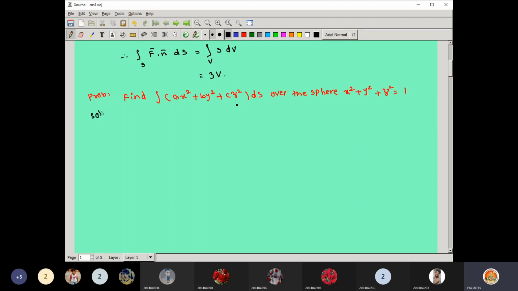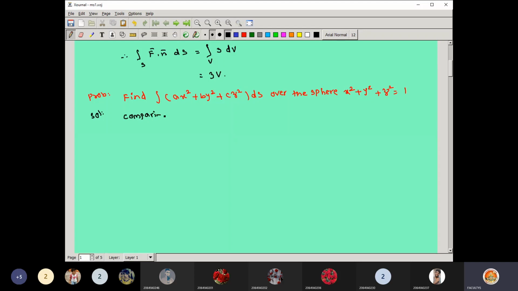So we need to calculate first the divergence of f bar. That means you need to identify what f bar is. Once you know it, you can directly calculate that answer. In the solution part, I am making the comparison.